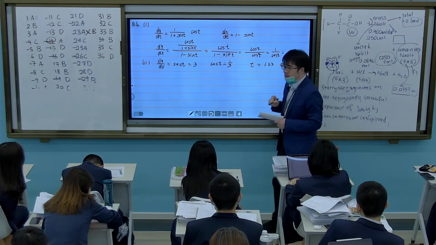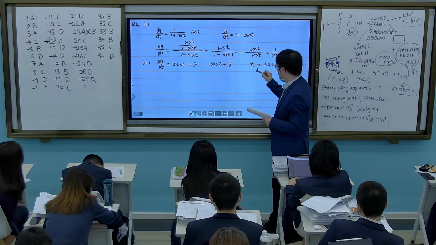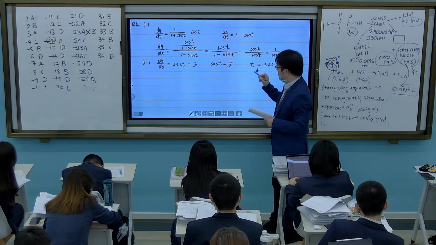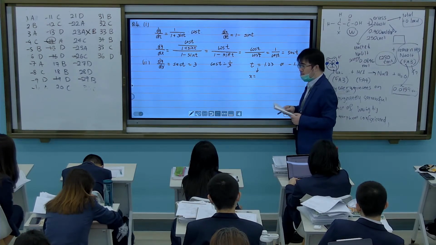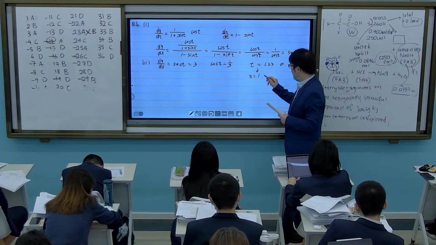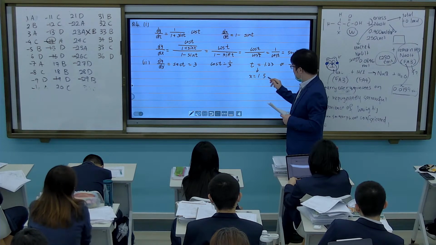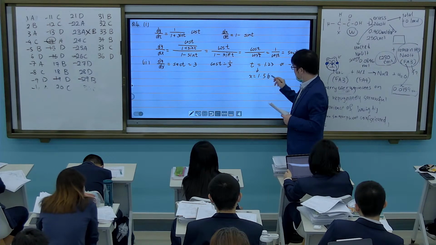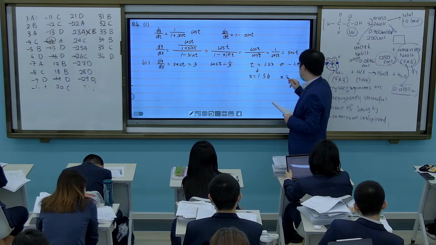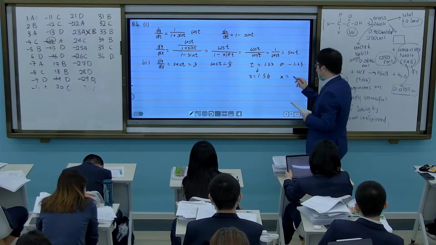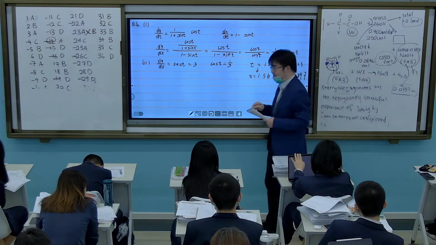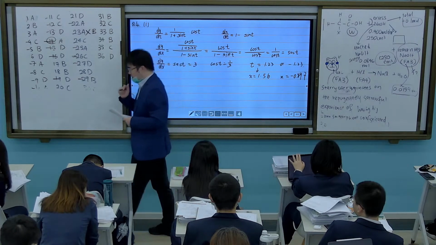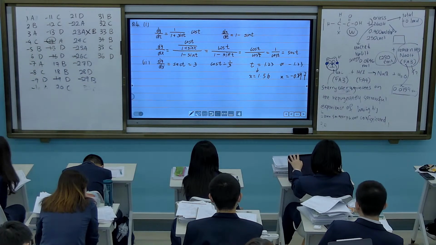So when t goes to 1.23, the value of x will be 1.556. These two values are correct to three significant figures.